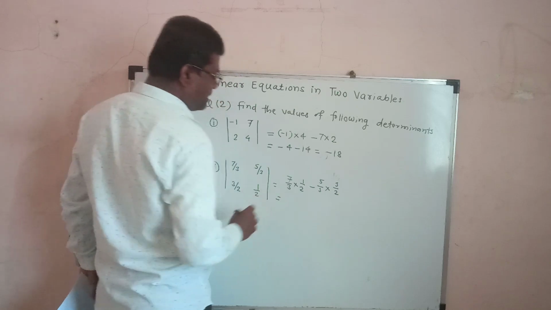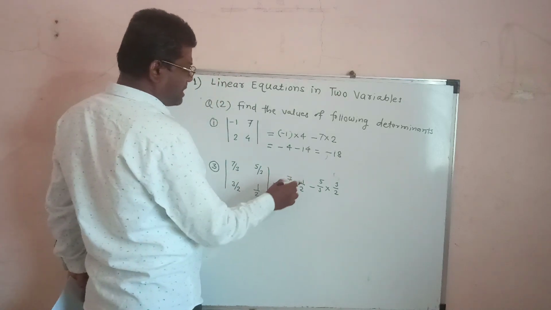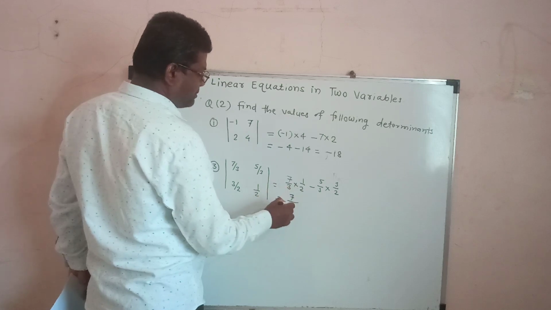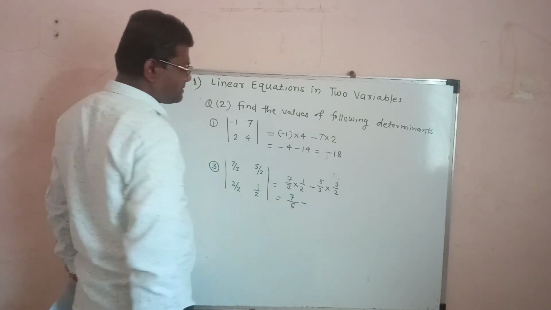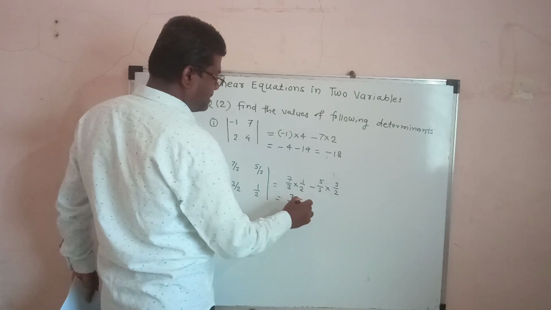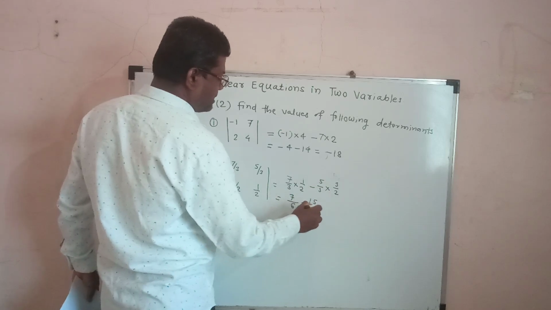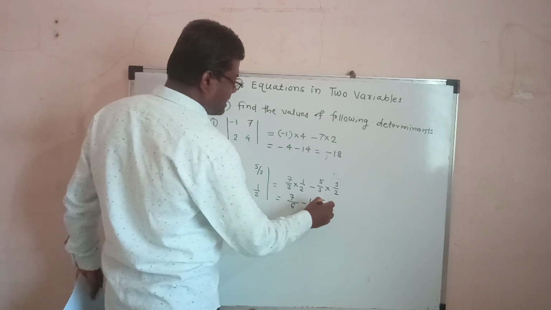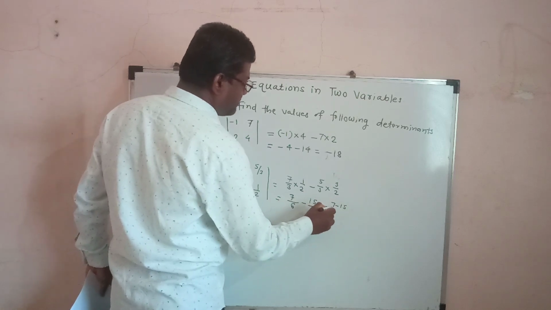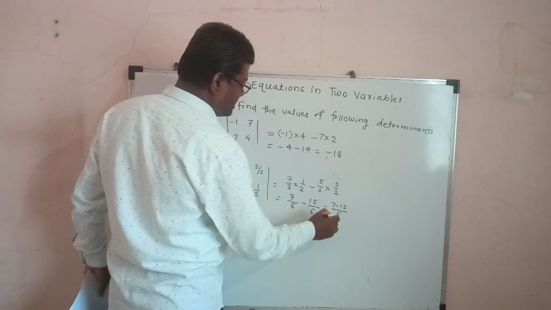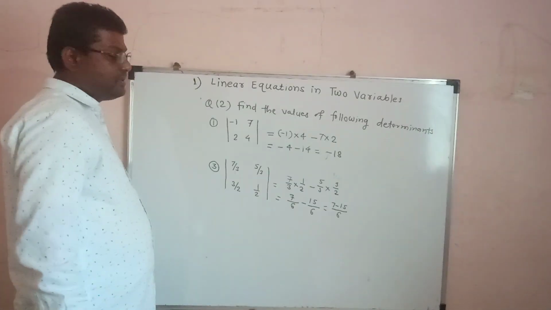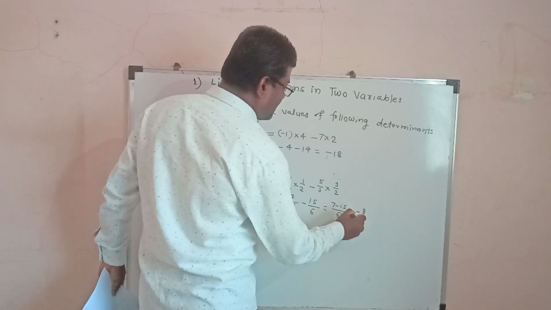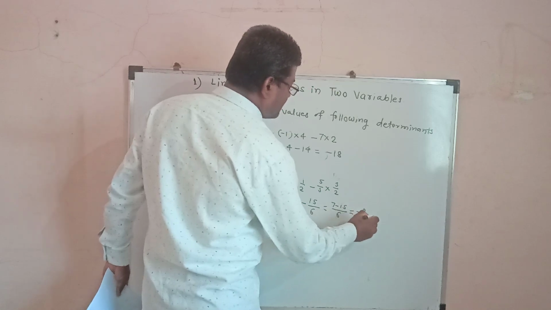So what will be here? 7 into 1 is 7, 3 into 2 is 6, minus 5 into 3 is 15 upon 3 into 2 is 6. That will be 7 minus 15 upon 6. 7 minus 15 is -8, so minus 8 upon 6.